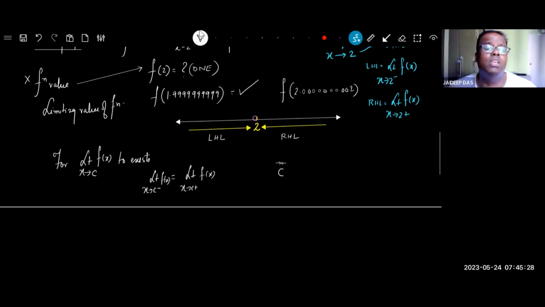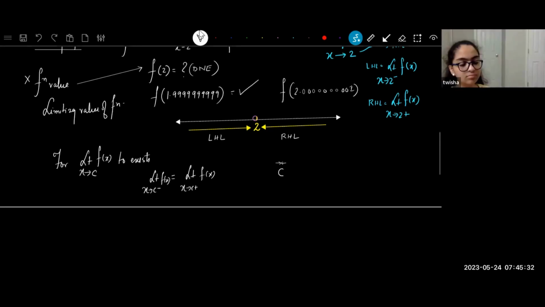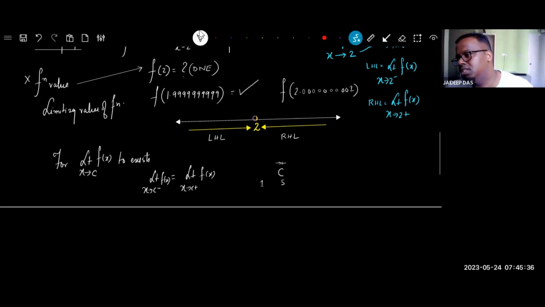So if C is 5, don't say that you are coming from 1 on this side and from 7 on this side. Any fool will say the values will never match. You are at 4.999999999 and 5.000011111. They will be almost equal. That is the basic of calculus, as we say.